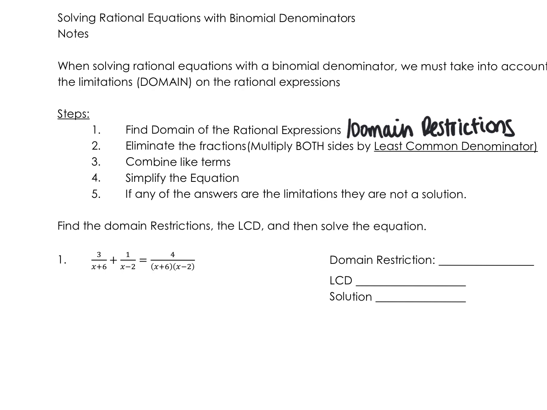We did talk about domain restrictions earlier in this unit. What is the one bad number we're not allowed to have in fractions? 0. And where is it not allowed to be? In the denominator, right? So if I want to find the domain restrictions, I want to set the denominator equal to 0, right? That's how I find the domain restrictions.